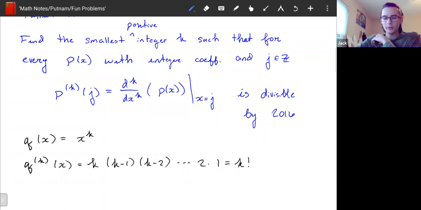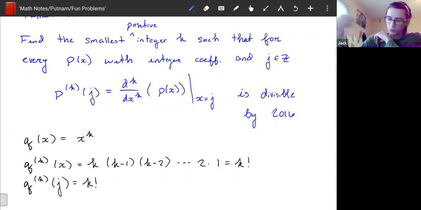And then, of course, when we evaluate this polynomial q, its kth derivative at j, we just get k factorial because the kth derivative of q does not depend on x, right? It's just constant. So the next step would be to look at this and determine when it's divisible by 2016, right?